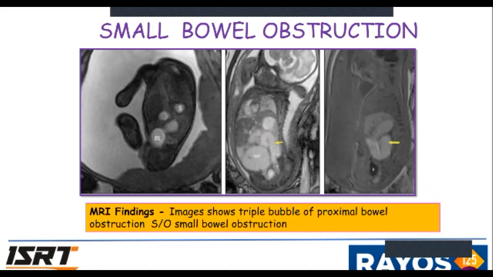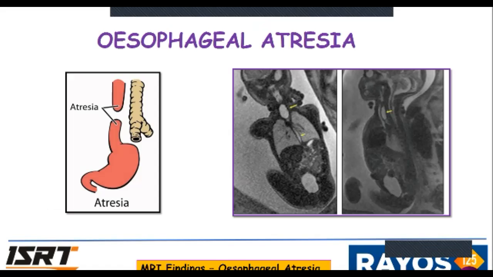Coming to small bowel obstruction, you can see a triple bubble sign, which is an indication of small bowel obstruction. Here the images show a triple bubble of a proximal bowel obstruction, suggestive of small bowel obstruction and esophageal atresia.